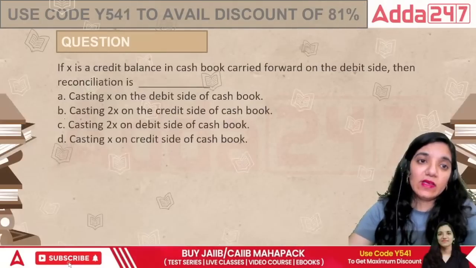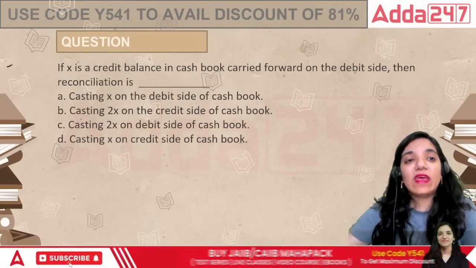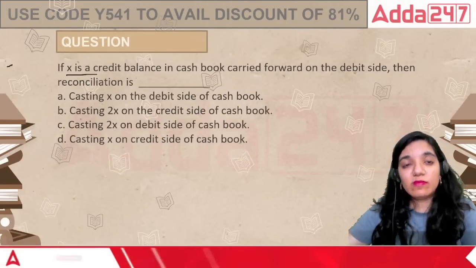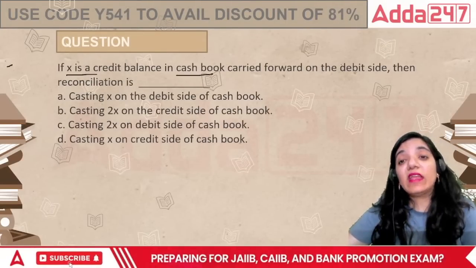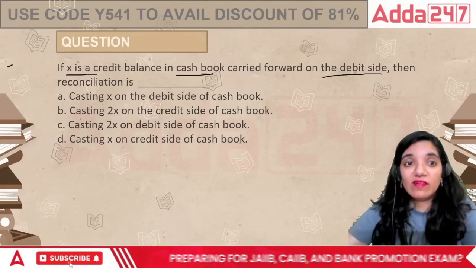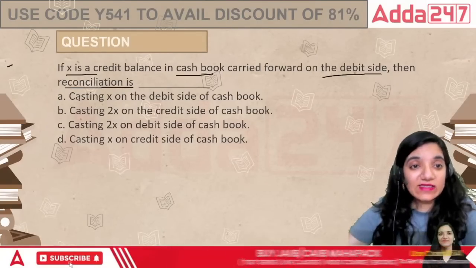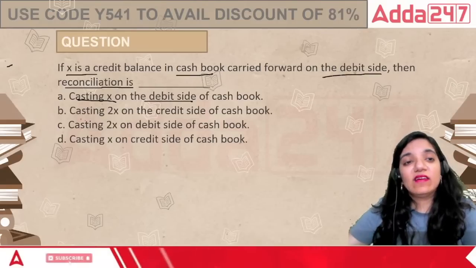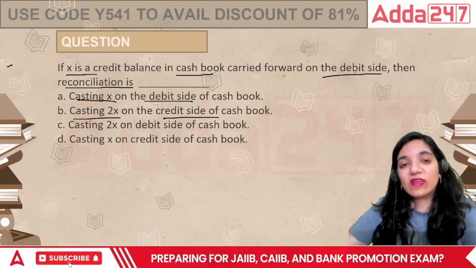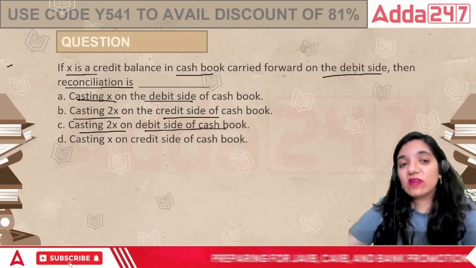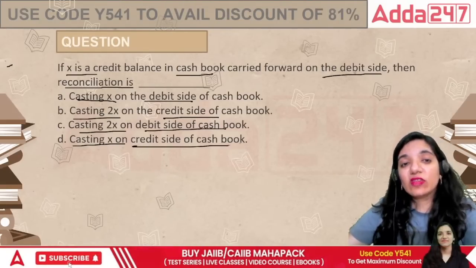Okay, moving on. If X is a credit balance in the cash book carried forward on the debit side, then reconciliation is casting X on the debit side, casting 2X on the credit side, casting 2X on the debit side, or casting X on the credit side.